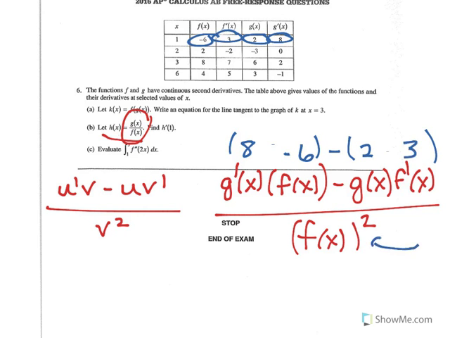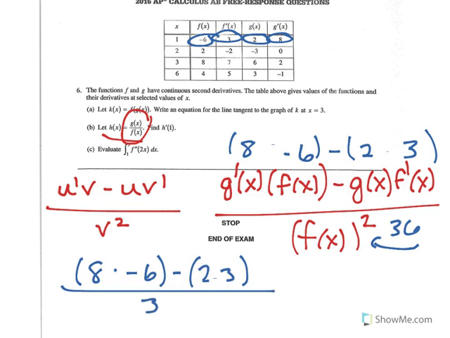All of that over f of 1 squared, so it'd be negative 6 squared, which is 36 on the bottom. When I write this out, I'm not going to simplify it. 8 times negative 6 minus 2 times 3 over 36. You can leave it just like that. You can simplify it down if you want to, but I'm not going to do that here. Okay, if you really want an answer, it's negative 54 over 36.